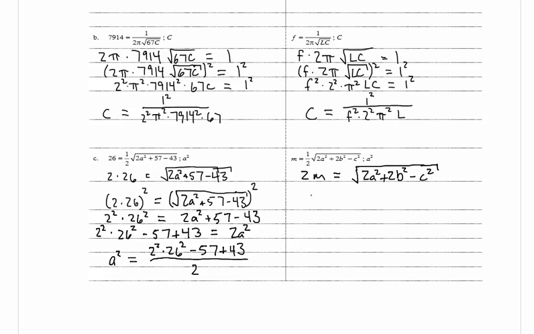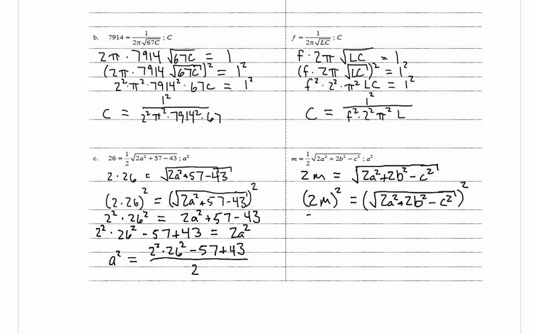And now we're going to square both sides. So 2m squared is equal to the square root of 2a squared plus 2b squared minus c squared, all squared.